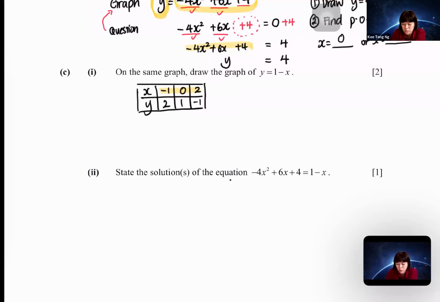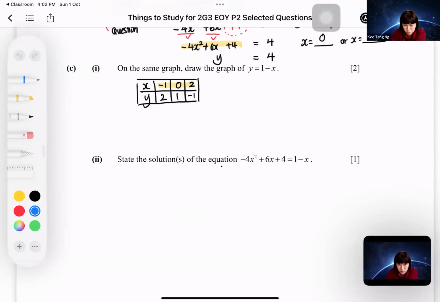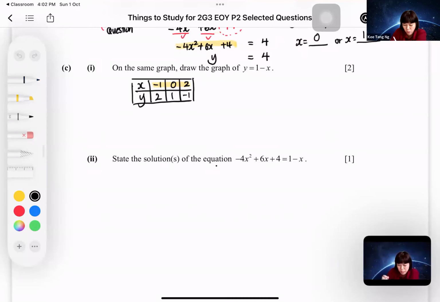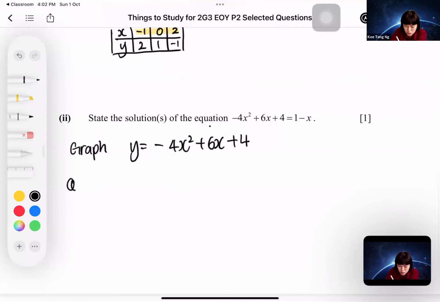Now the question says, state the solutions of this equation using my graph. I need to repeat what I did earlier. My graph is the equation y equals negative 4x squared plus 6x plus 4. Correct? Now my question is negative 4x squared plus 6x plus 4 equals 1 minus x.